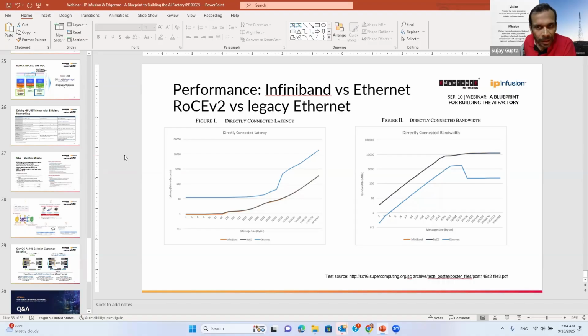Tomahawk 5 currently doesn't support UEC. The newer generations of Tomahawk, upcoming in the future, will have UEC support. At this point of time, Tomahawk 5 supports RoCE v2 fundamentally.